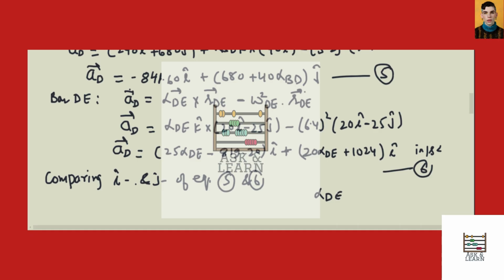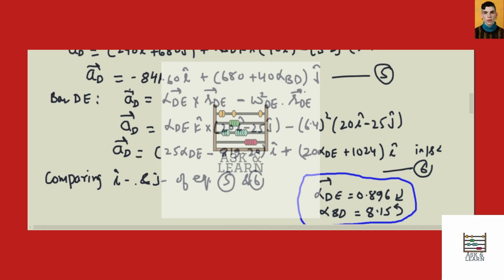Alpha DE you will get 0.896 in clockwise direction, and alpha BD you will get 8.15 in anti-clockwise direction. So these are the two answers for this problem. Thanks for watching it.